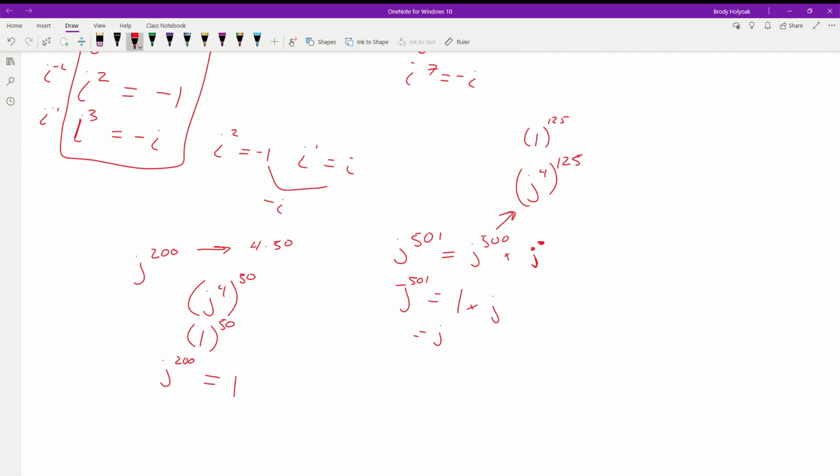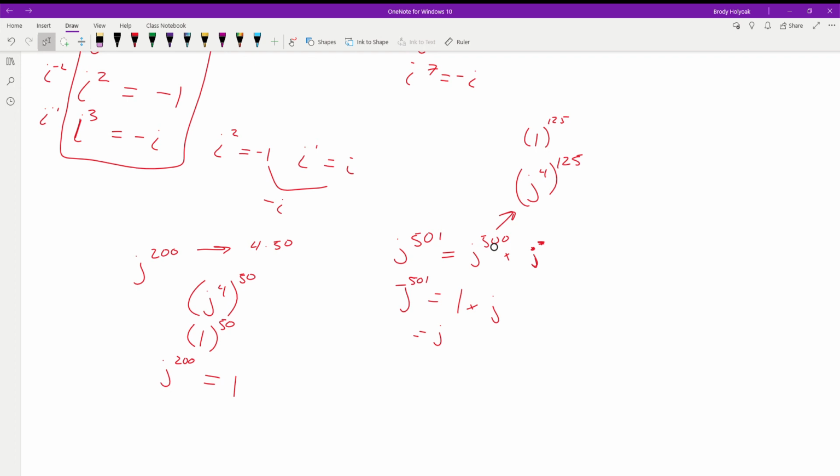Like I said, the key is to memorize the pattern: j of 0, j of 1, j of 2, j of 3. Everything else is going to be based on these values. Then you split them up and basically solve them independently. So here, we split it up: j of 500 times j of 1 gives us that 501.